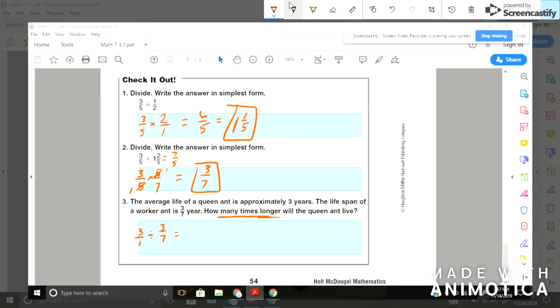Keep the first fraction the same, flip division to multiplication, and make the next number its reciprocal. Simplify, divide each by 3, you get 1 and 1, and multiply numerator times numerator, denominator times denominator, would give you 7 times longer the queen will live than the worker ant.